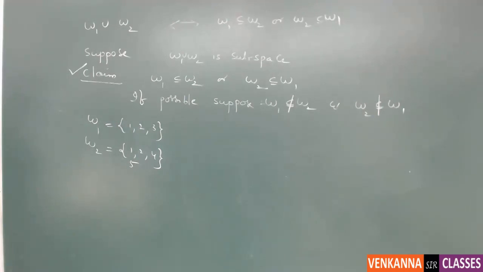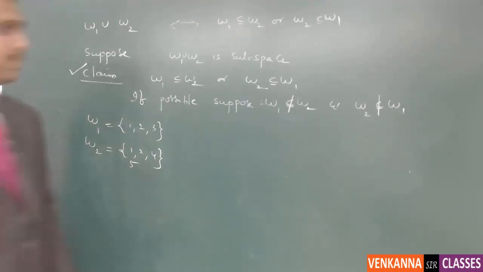Yes or no? No. So from this we can understand that since W1 is not a subset of W2, you can find at least one element which exclusively belongs to W1 and which will not be there in W2. Similarly, for W2 also, you can find at least one element which is not there in W1 because these are not subsets of one another.